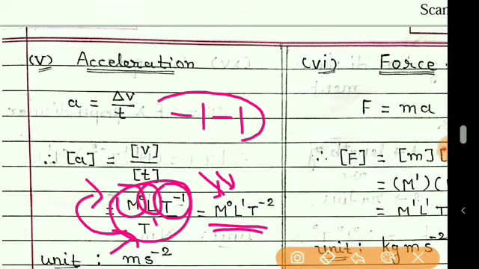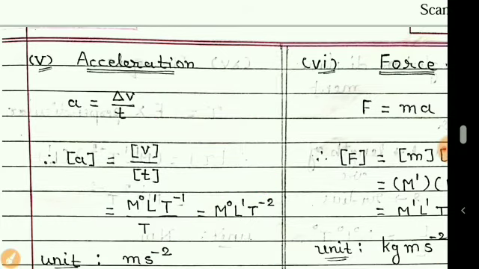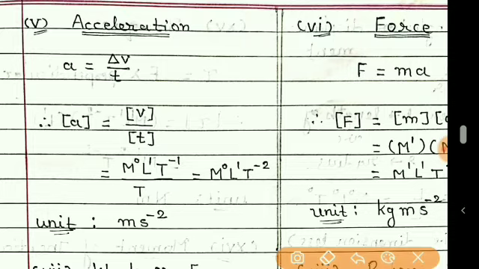So minus 1 and minus 1 will become minus 2. So dimensional formula of acceleration is M0 L1 T raised to minus 2.